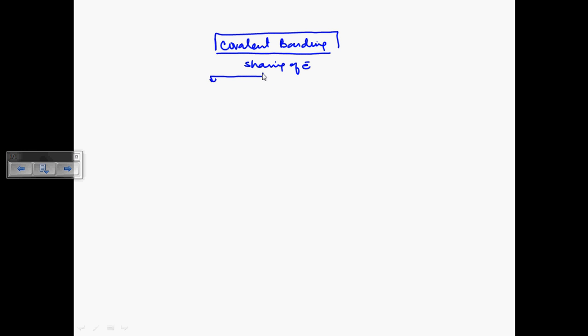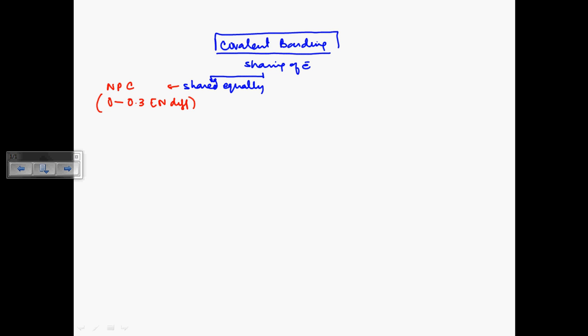And if electrons are shared equally, you have what's called a non-polar covalent bond, and this type of bond happens generally between similar atoms when the electronegativity difference is between 0 and 0.3.